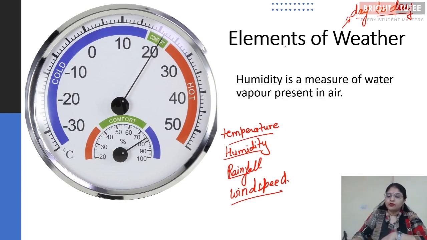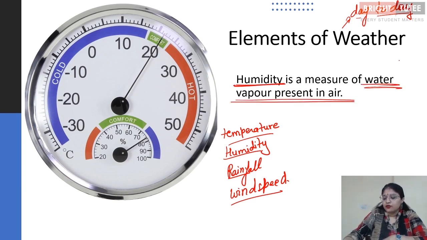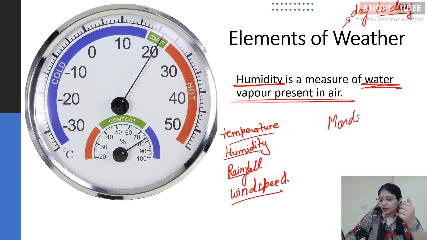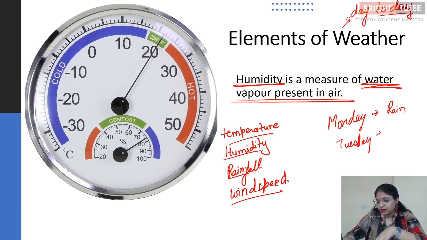The very first element that we are going to talk about is humidity. Humidity is the measure of water vapor that is present in the air, right? So, during the summer seasons, when the monsoon starts coming and it's still hot, the humidity in the environment increases. Suppose on Monday it rained, and on Tuesday the temperature was really high.